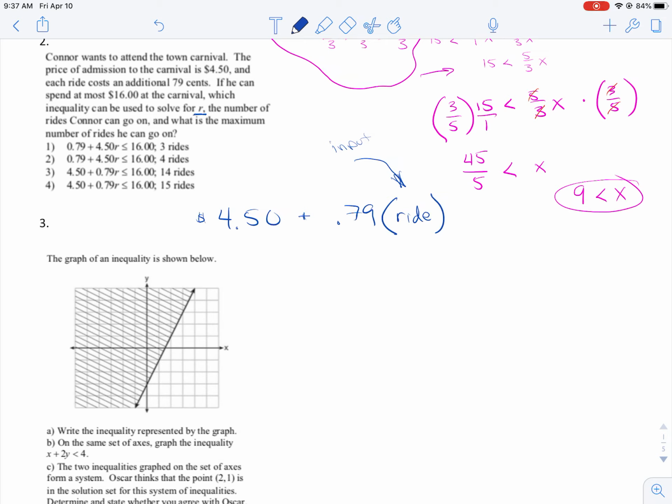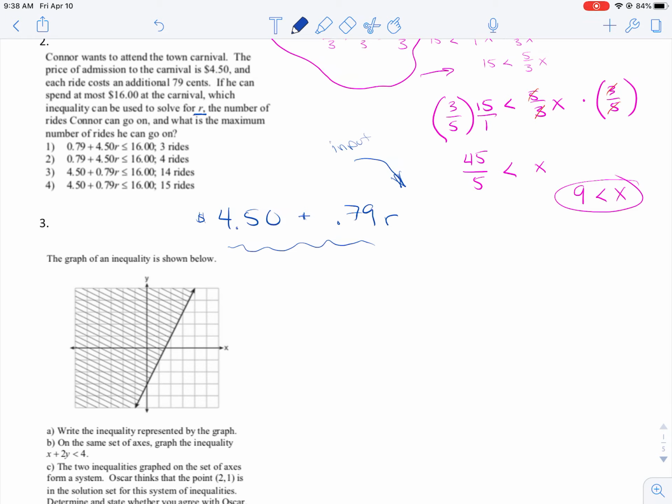Now, the ride is kind of like our input. And in this case, solve for R. R represents the ride. So I'm just going to shorten this up here. I'm going to make this an R. So it's 79 cents per ride.